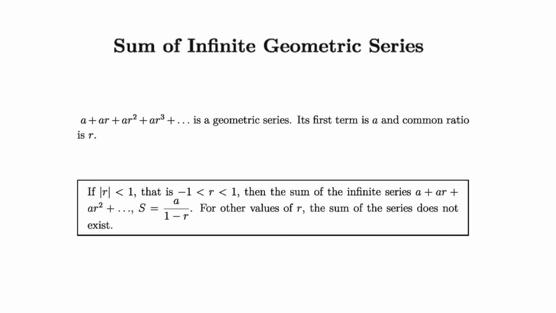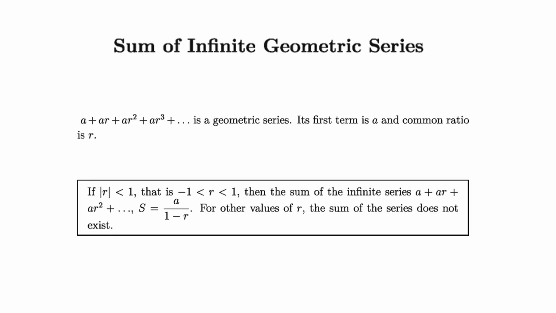If modulus of r is less than 1, that is r is greater than minus 1 and less than 1, then the sum of the given infinite series a plus ar plus ar square plus ... is equal to a by 1 minus r.